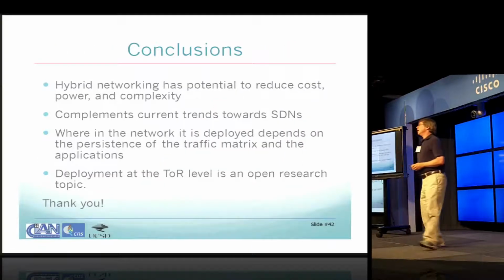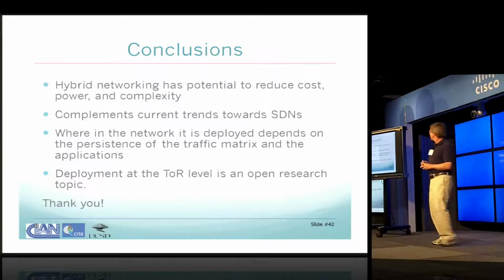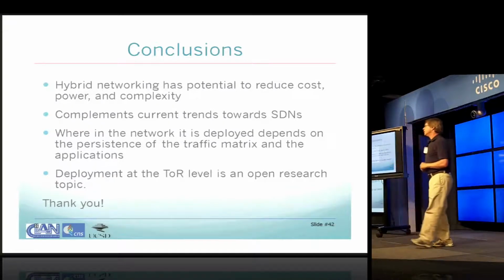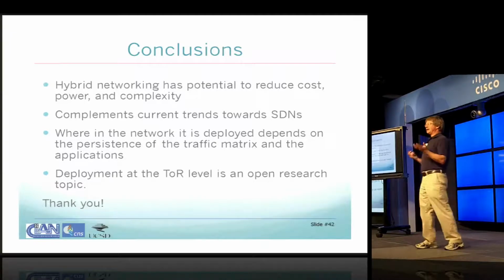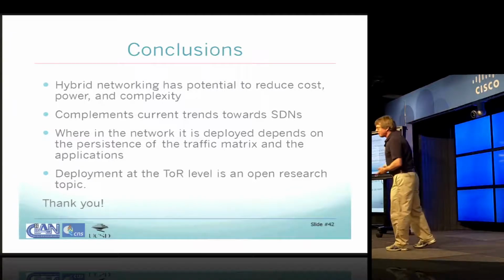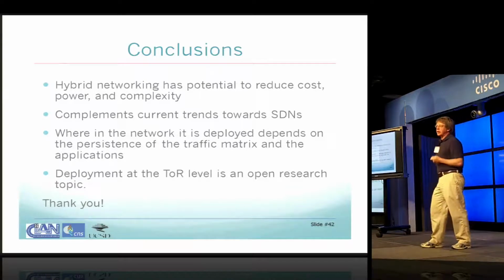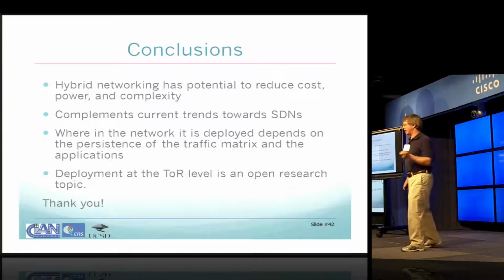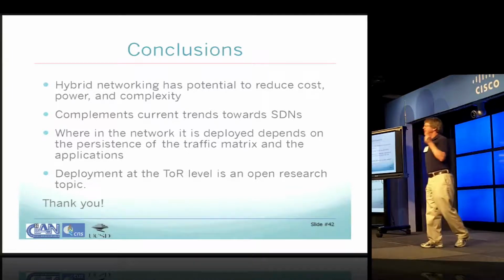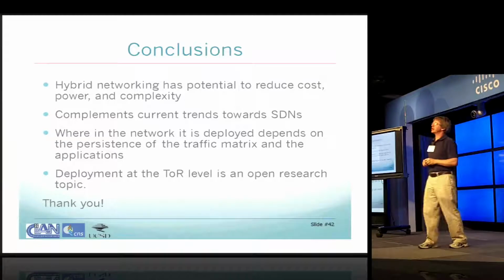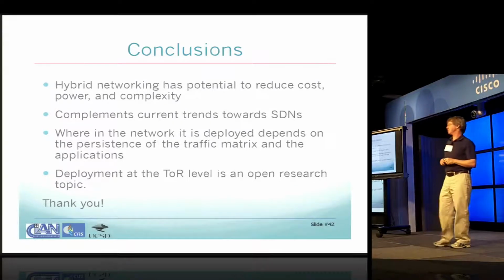Okay. So I'm about out of time. I want to wrap up with some conclusions. So everything depends on your assumptions. Okay? The key assumption of hybrid is the 80-20 rule, or the 90-10 rule, whatever rule you like, which is that most traffic is carried, or most of that traffic matrix is in a few of those entries.